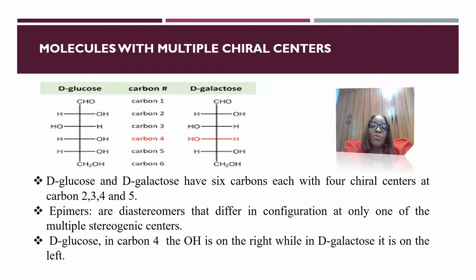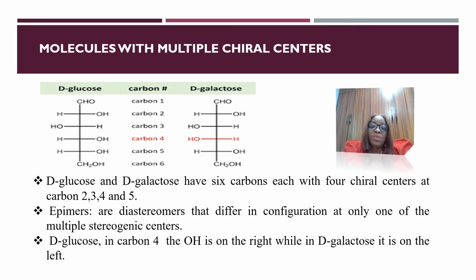So they can form what we call epimers. Epimers are diastereomers that differ in configuration at only one of the multiple stereogenic centers, usually an asymmetric carbon atom. D-glucose and D-galactose are diastereomers or epimers because they differ in the configuration of just one of their chiral centers.